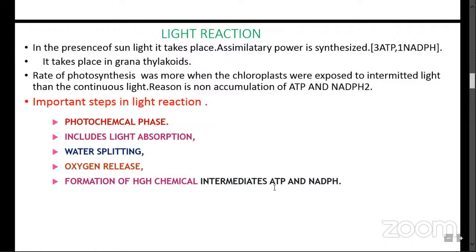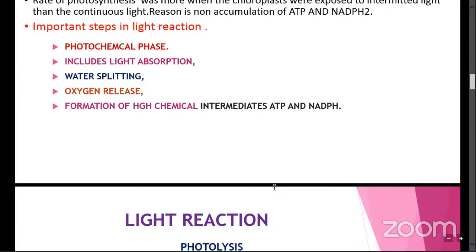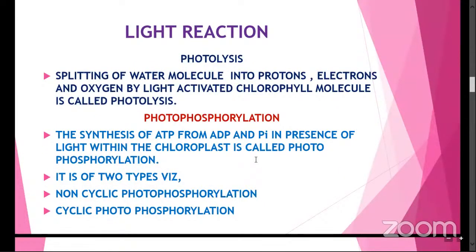All these are the important steps which are discussed one after the other. Now, coming to the next part. During the light phase, the important events of light reaction are, number one, photolysis of water, and number two, photophosphorylation. First, let us discuss photolysis of water.